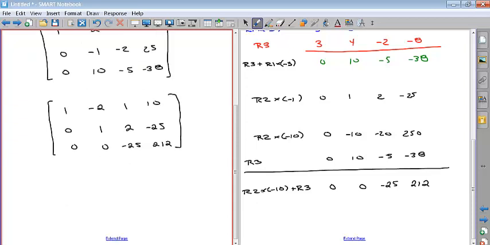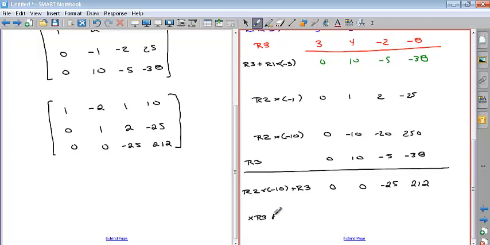And the final step is I multiply row 3 by negative 1 over 25. And what that will do is, when I multiply these two together, I get 1. Negative 25 times negative 1/25 is 1.